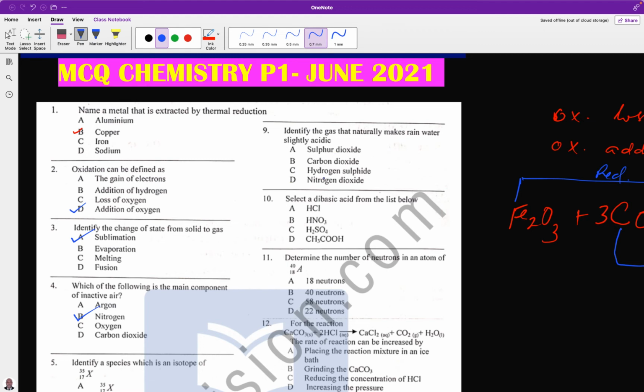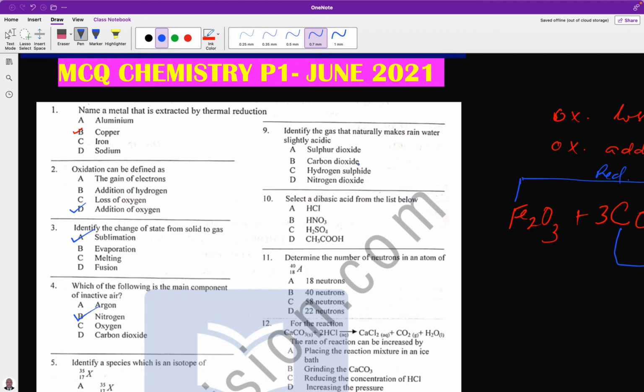It can be hydrogen sulfide. It can be nitrogen dioxide, because nitrogen dioxide is purely an acidic gas too, and it will make the rainwater acidic. But carbon dioxide is not too acidic. It will make the water slightly acidic.